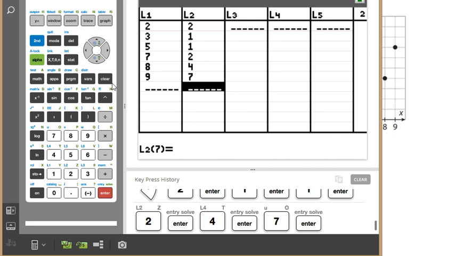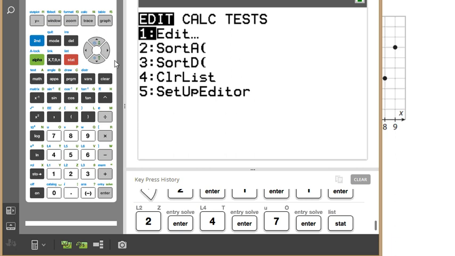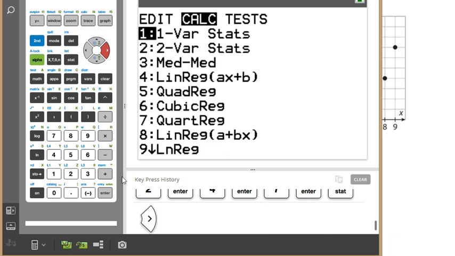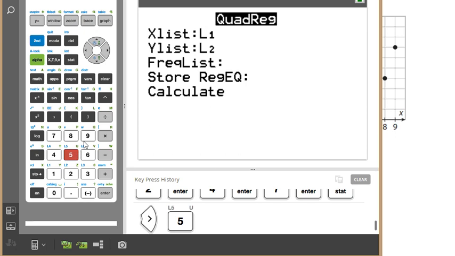So we're going to put in these values here, Stat, Calc, and we're going to go to 5, quadratic regression. So we're going to go down here, L1, L2, frequency list. Okay, we get down here to store regression equation, and this is where we're going to enter that equation into our function editor in our calculator.